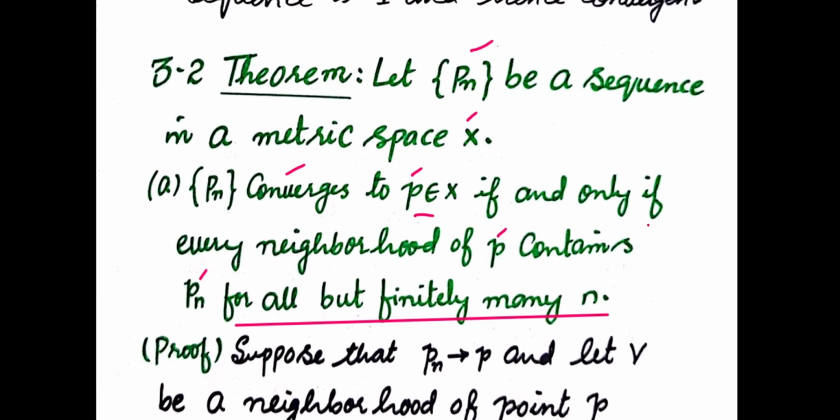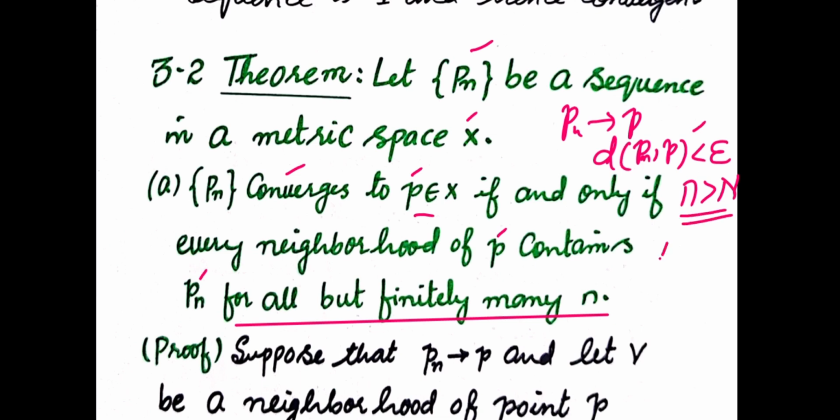In the last lecture, we discussed the definition of a convergent sequence. This definition says a sequence P_n converges to P if it satisfies this inequality, that is, the distance of the point P_n from point P is less than epsilon when your n is greater than some positive integer N. So this inequality holds after some stage.